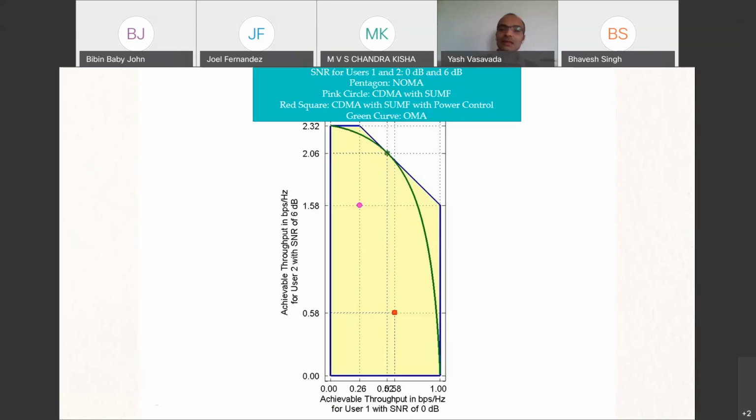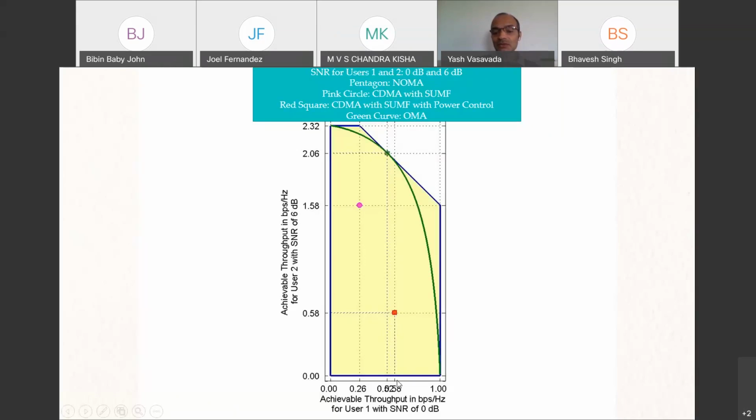He or she is already transmitting at the max power level that the device can allow. So we cannot ask that user to increase its power. The only possibility we have to do power control is to ask the nearby user to attenuate its power. And therefore we get this red square. But the red square is highly unfair to the strong user.